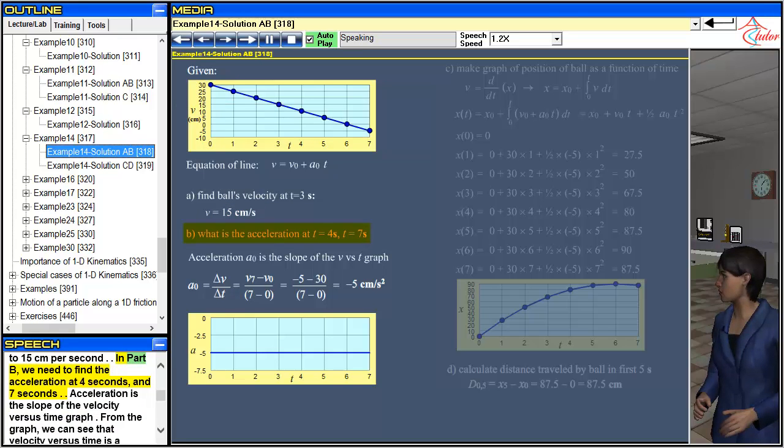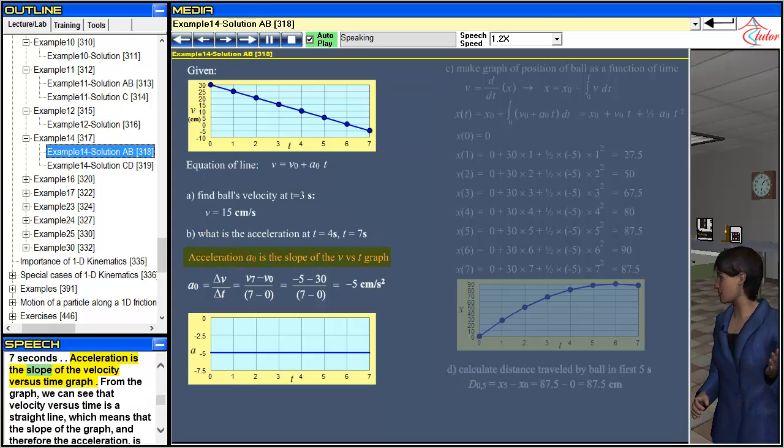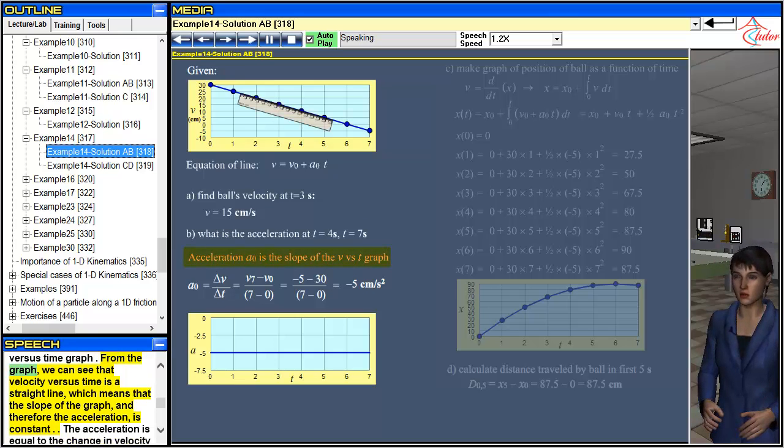In part B, we need to find the acceleration at 4 seconds, and 7 seconds. Acceleration is the slope of the velocity versus time graph. From the graph, we can see that velocity versus time is a straight line, which means that the slope of the graph, and therefore the acceleration, is constant.